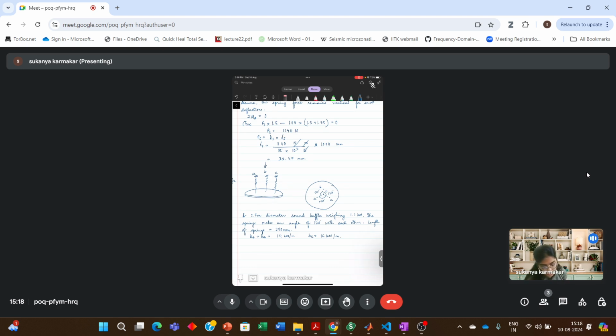The springs A and B are mounted 1 meter from the center.